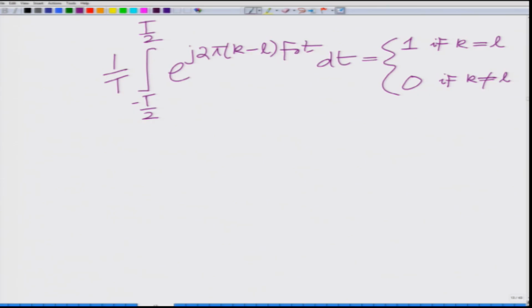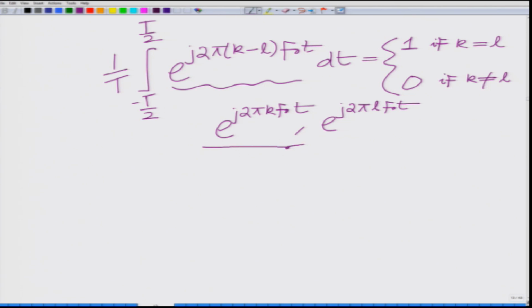Okay. This is an incredible property. It shows nothing but the fact that these different harmonics, e to the power of j 2 pi k f naught t and e to the power of j 2 pi L f naught t, are orthogonal.